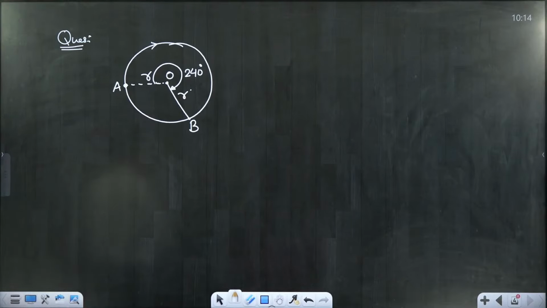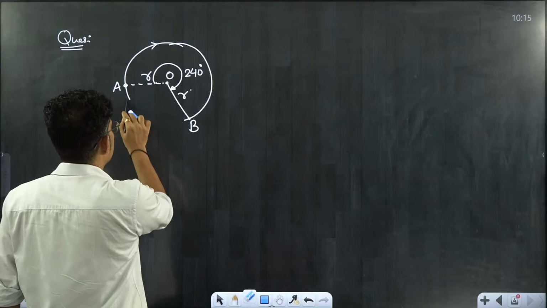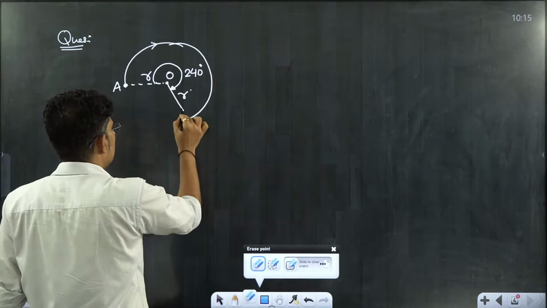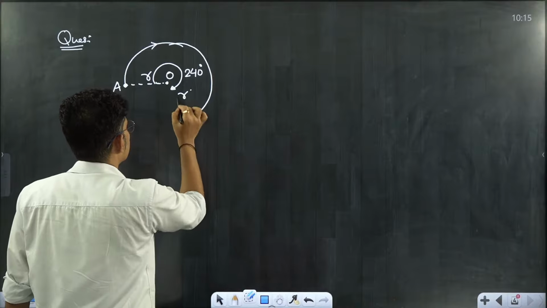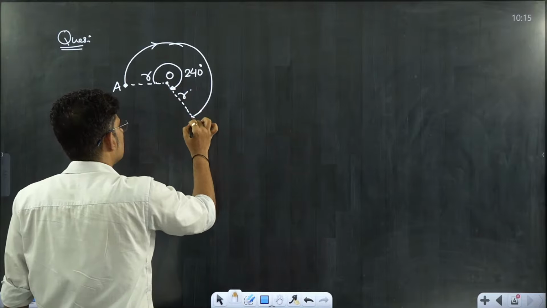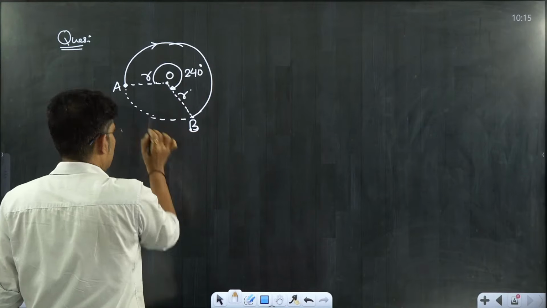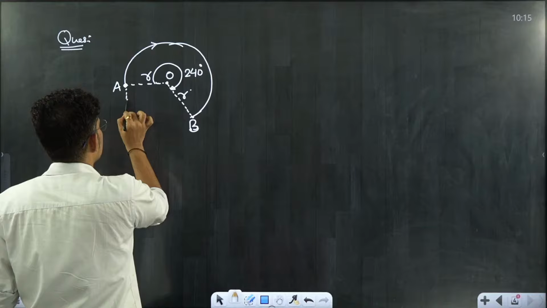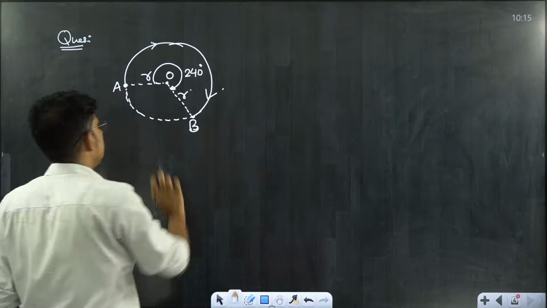You can see he has turned from A to B. Now the rest of the path is not complete. He is starting from A and he is coming to B. The rest of the circle is not completed. He has only come from A to B.